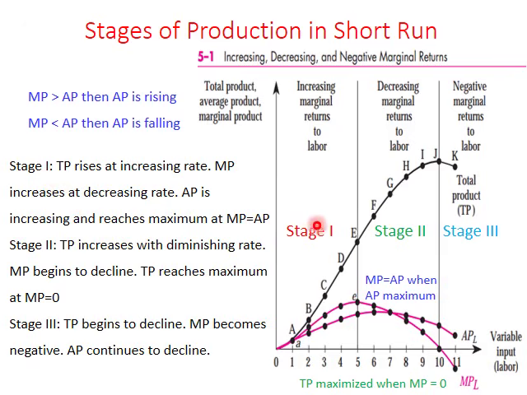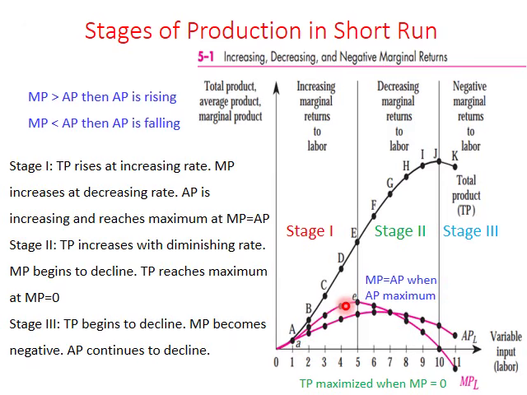At stage 1, the marginal returns are increasing. That means total product rises at an increasing rate, as you see. And marginal product also increases, but at a decreasing rate.